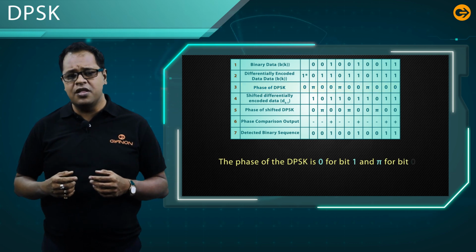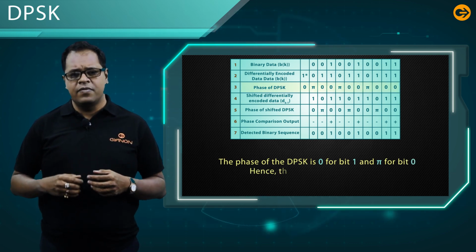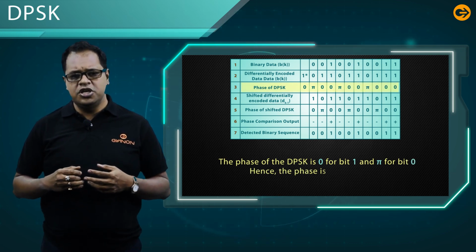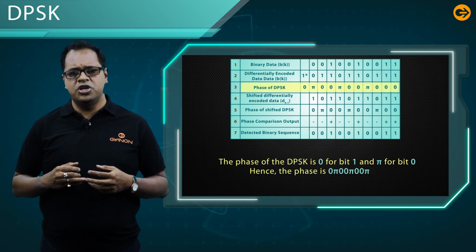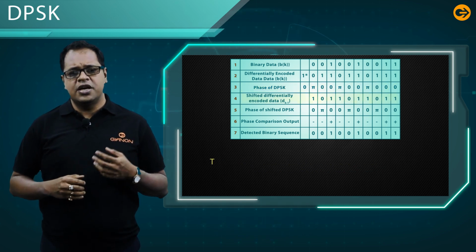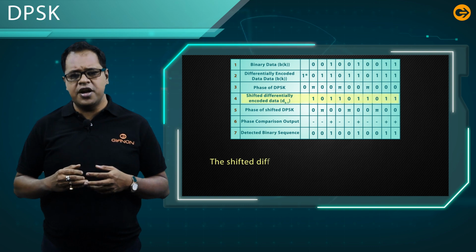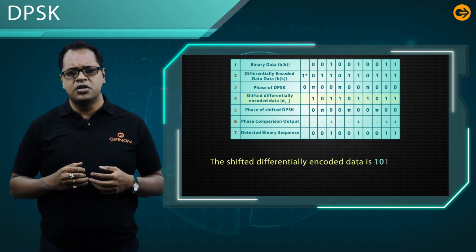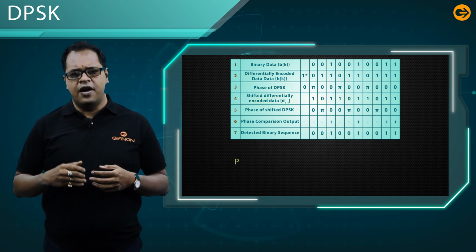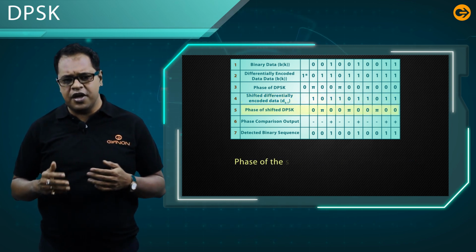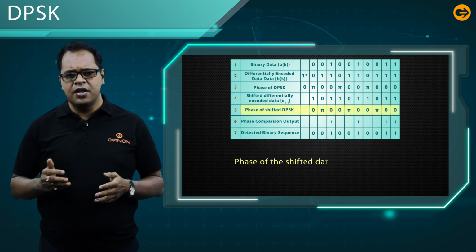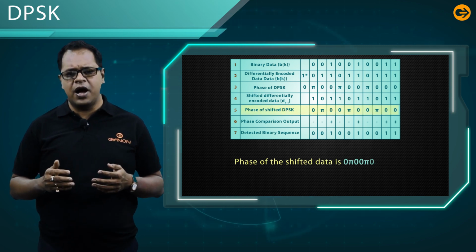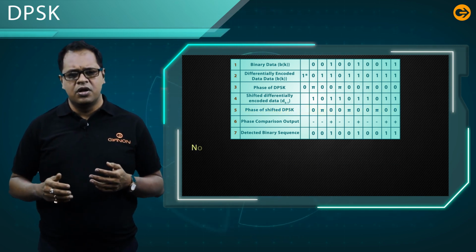Hence, the phase is 0, pi, 0, 0, pi, 0, 0, pi, 0, 0, 0. The shifted differentially encoded data is 1, 0, 1, 1, 0, 1, 1, 0, 1, 1. The phase of the shifted data is therefore 0, pi, 0, 0, pi, 0, 0, pi, 0, 0, 0.